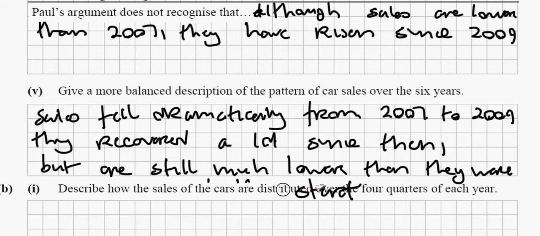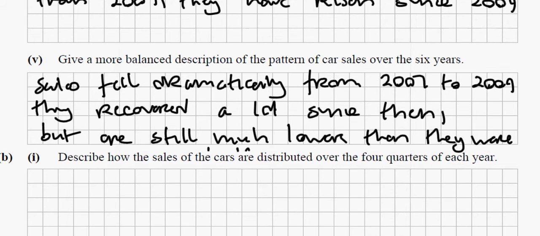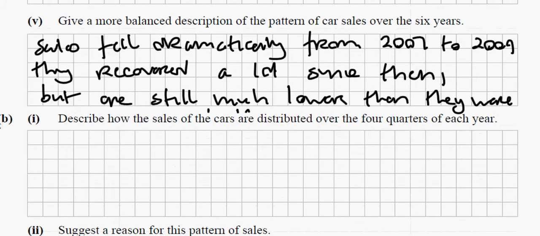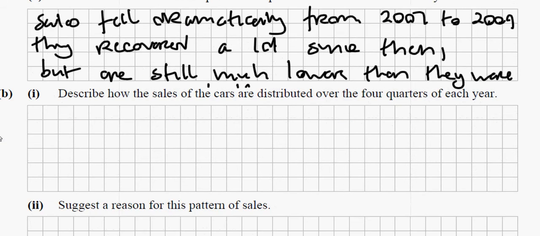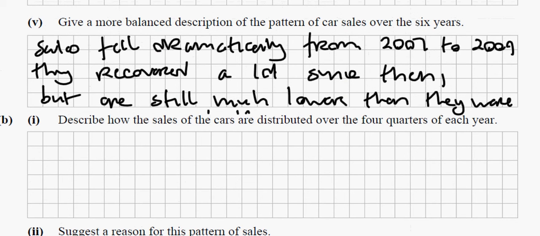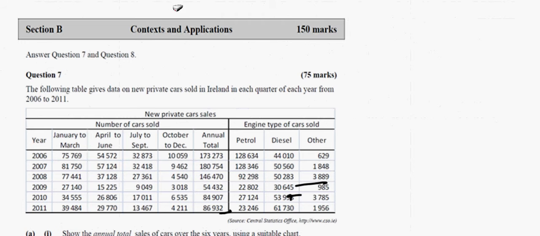Okay, now describe how the sales of the cars are distributed over the 4 quarters of each year. So we need to go back and look at the 4 quarters of each year. Now we can see that January to March seems to have the most sales. April to June, not as much as January to March.